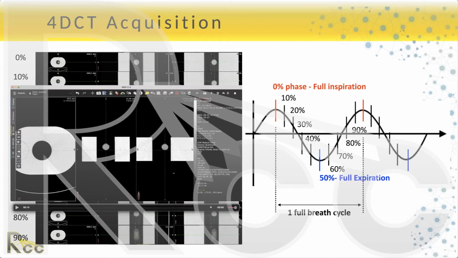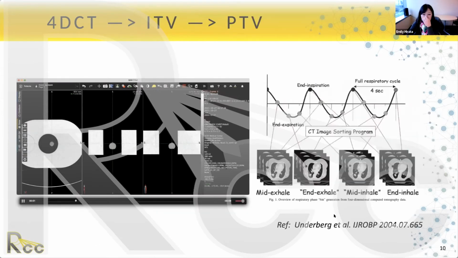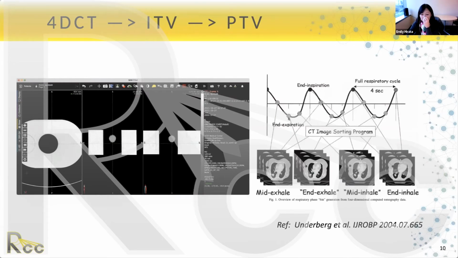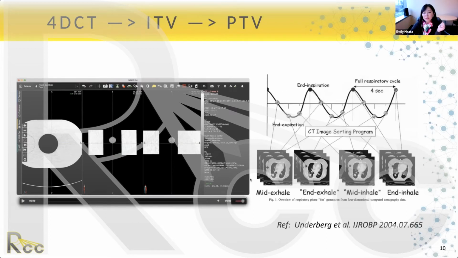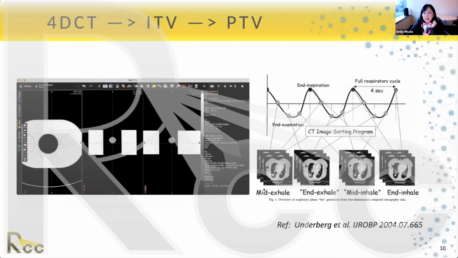Yes, exactly. Okay. This here is just another chart that maybe might be also helpful to understand. Again, it's pulling images from the same spot of the same phase of your respiratory trace and binning them, basically summing them together into one data set. So this data set called mid-exhale is filled with images from this point on the respiratory trace, plus this same exact sort of phase, plus this exact phase.